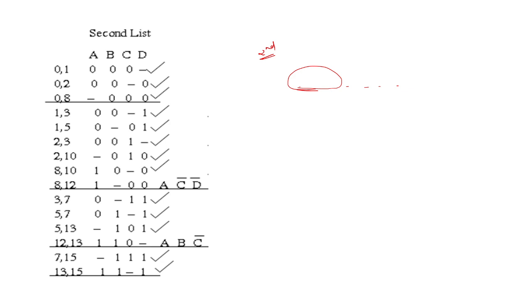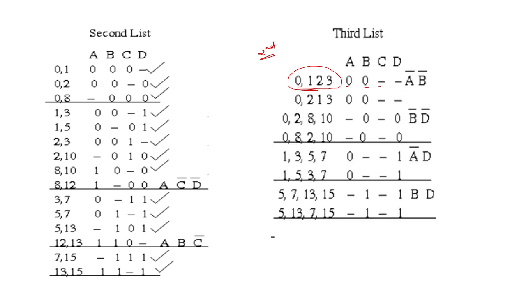So for the second reduction we are matching with the minterms, so 0 and 1 is present. Similarly, if we compare this 0 2 with 1 3, there is also a value of 0 0 dash dash.